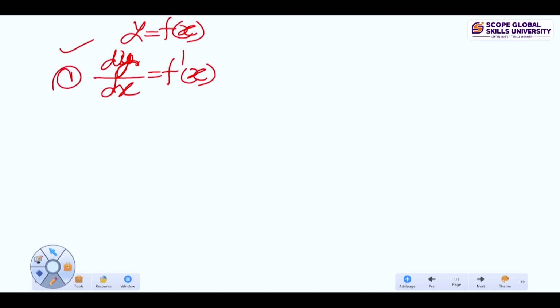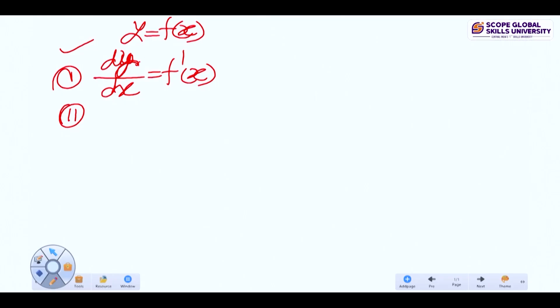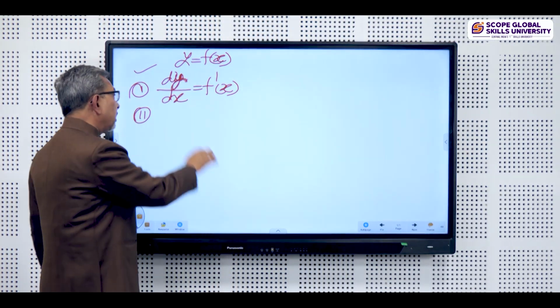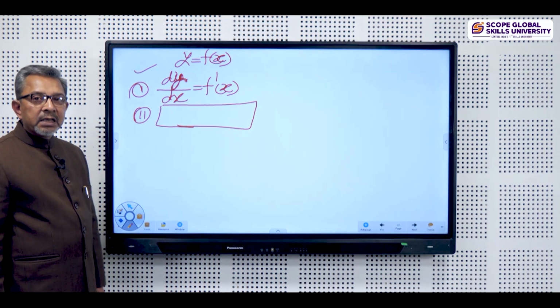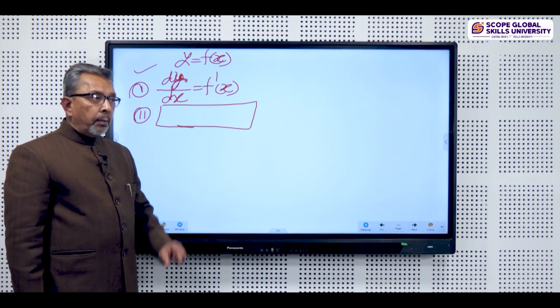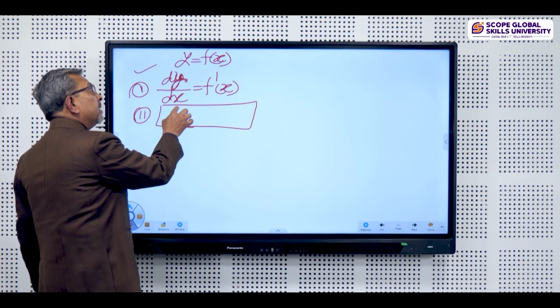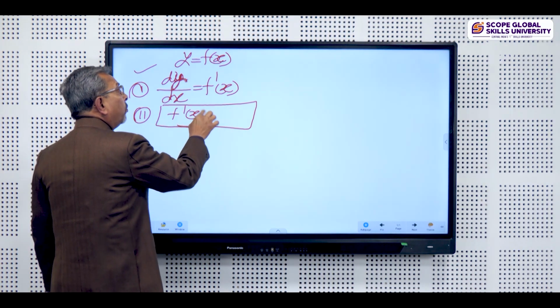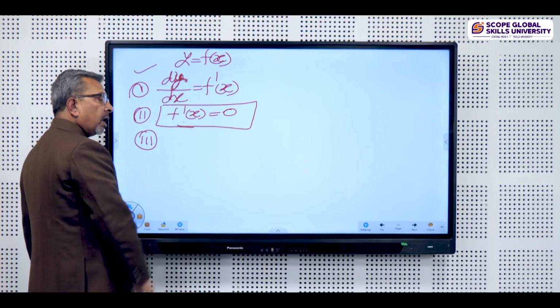This is step number 1, and impose the necessary and sufficient condition for existence of maxima or minima. Remember this thing, this is the necessary and sufficient condition for existence of maxima or minima inside any particular interval for any function. The first derivative of the function must be 0. If we apply this condition, then we get an equation in terms of x.